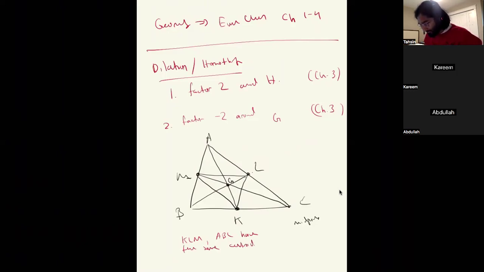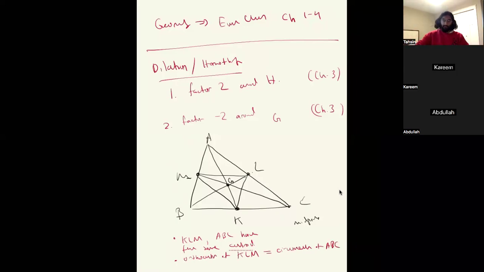And then the other point is that the orthocenter of KLM equals the circumcenter of ABC.